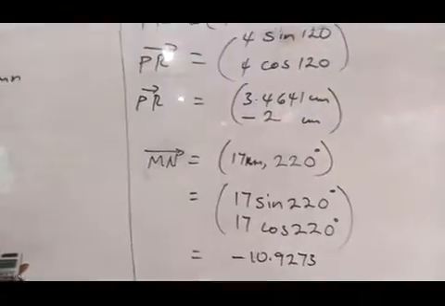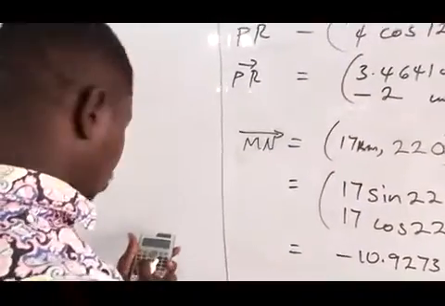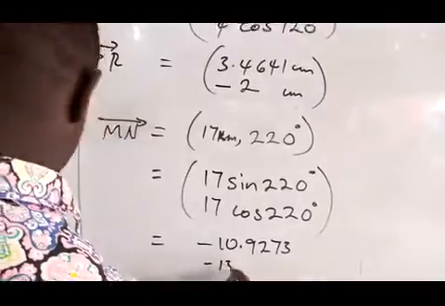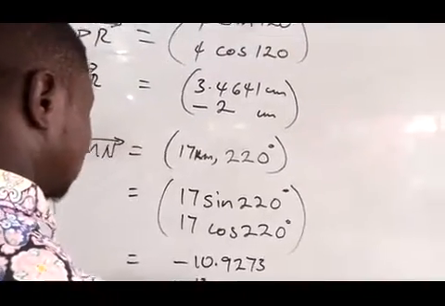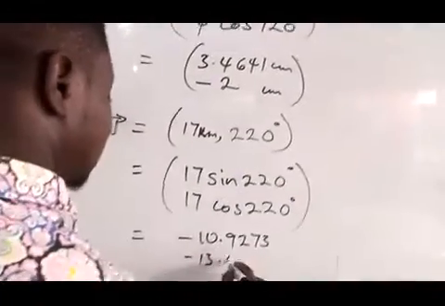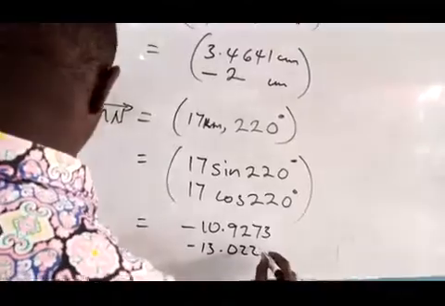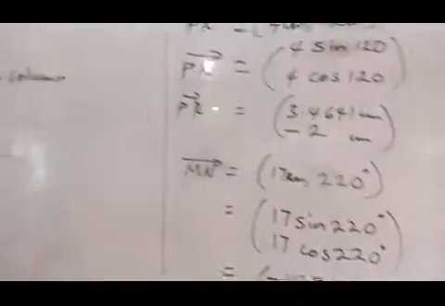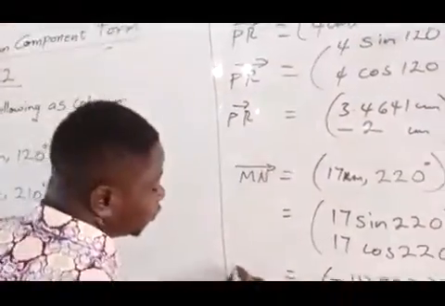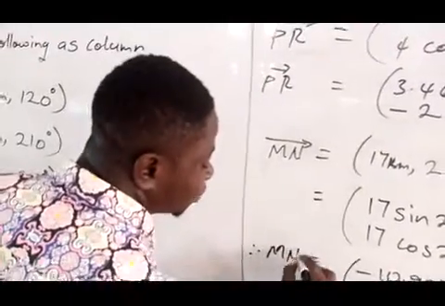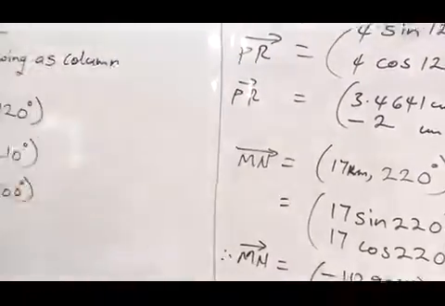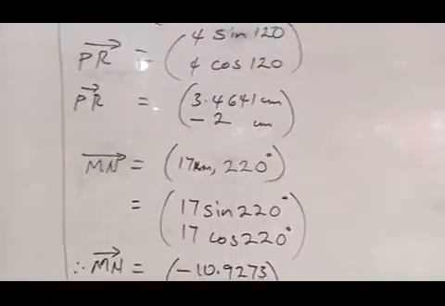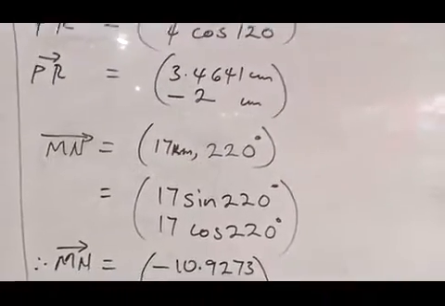And then 17 cos 220 also gives us minus 13.0227, and that is it. You don't have to go through many procedures or many steps, just 2 steps and your answer is given.